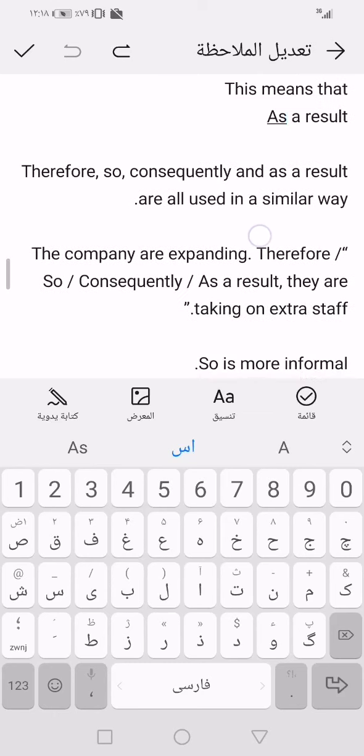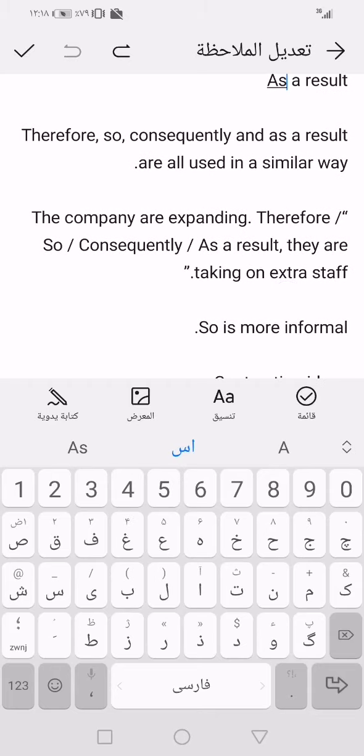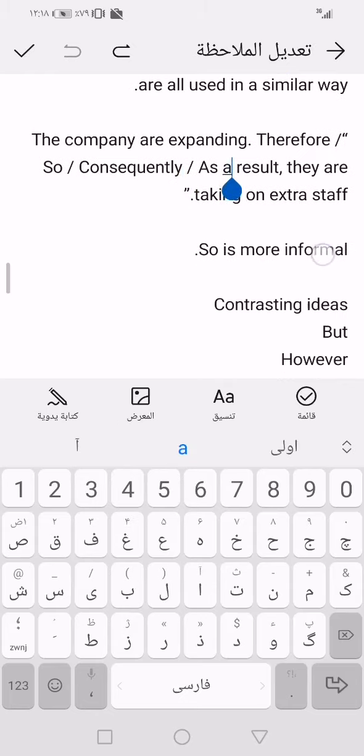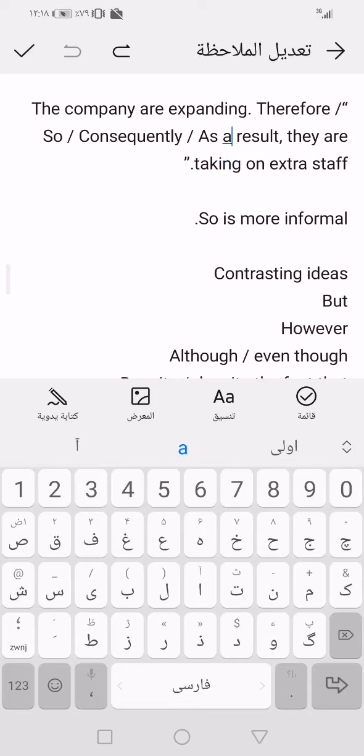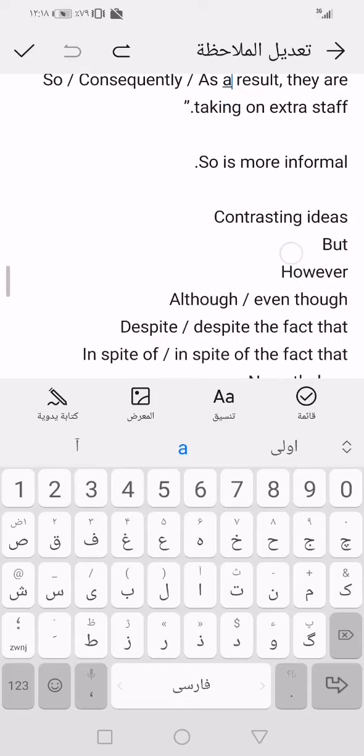The company is expanding; therefore, so, or consequently, or as a result, they are taking on extra staff. بما أنه الشركة في حالة توسع تحتاج إيد عاملة أكثر. إذا استخدمنا therefore وال so وال consequently as a result تجي نفس المعنى. So is more informal. So غير رسمي تستخدم بين الأصدقاء.